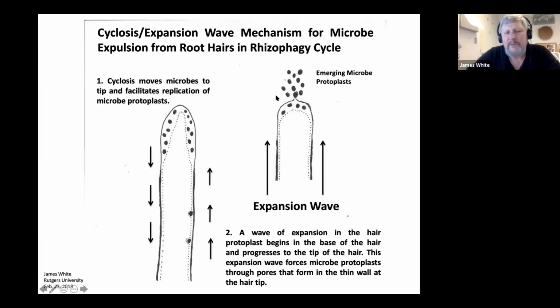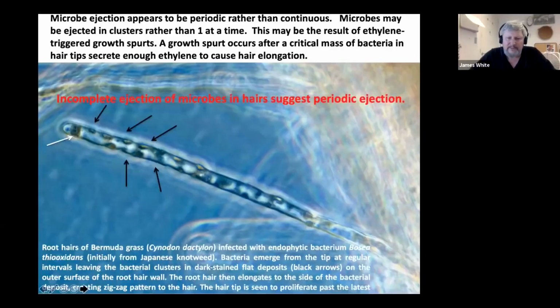But the microbes accumulate around here, and then at some point, there's an expansion wave. We think when ethylene builds up to the point that it triggers this expansion, this growth wave happens at the base of the hair, goes to the tip, and essentially squeezes those microbes out of pores in the tip. And I'll show you that.